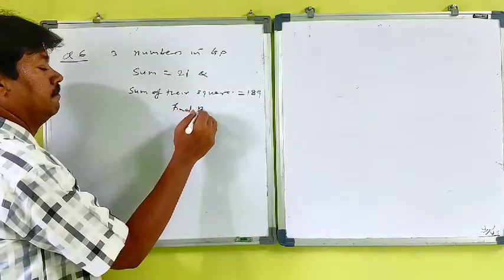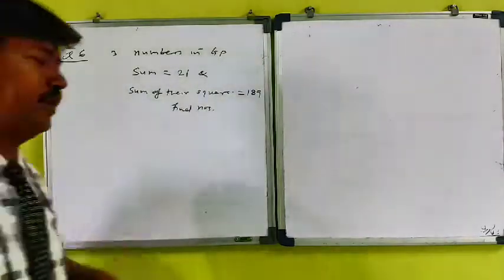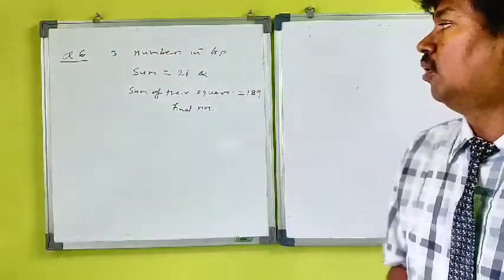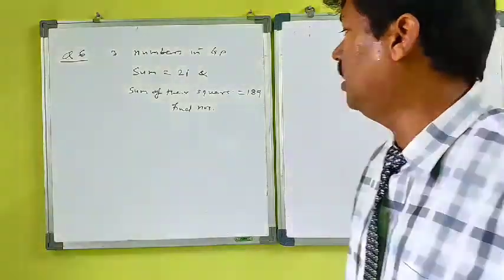Find the numbers. So that's question number 6. Find the three numbers in geometric progression such that the sum of the three numbers is 21 and the sum of the squares is 189.